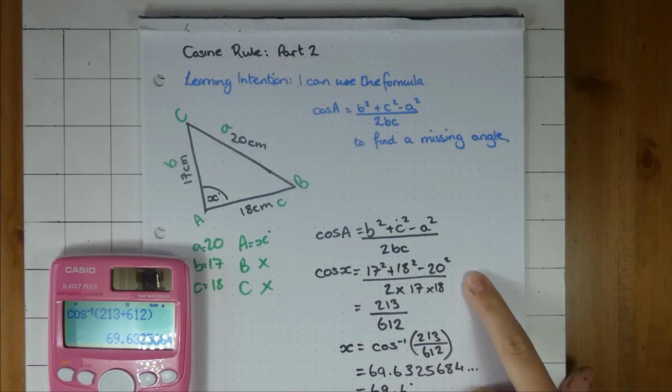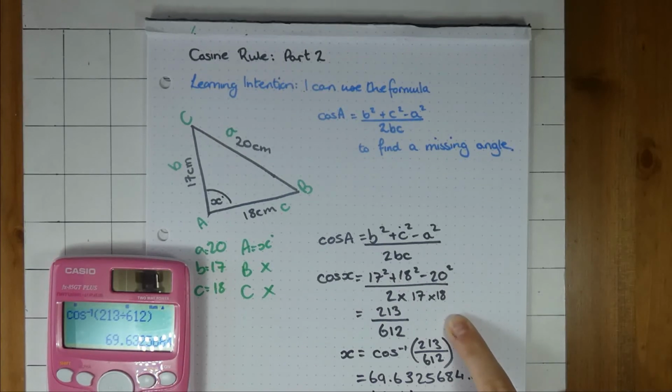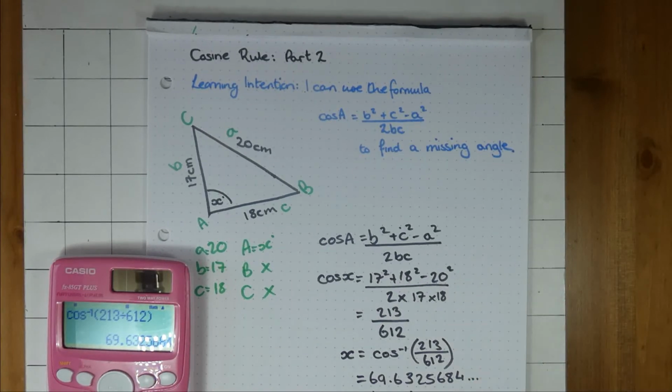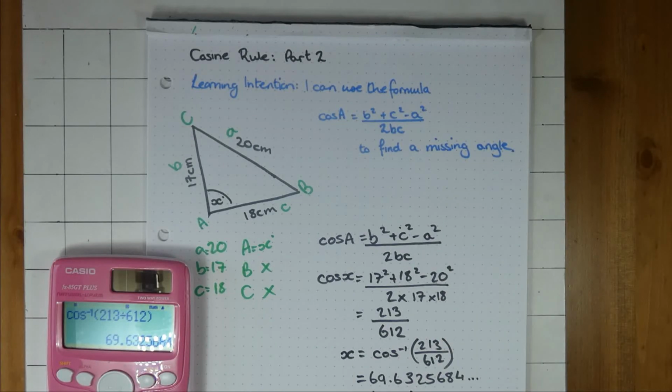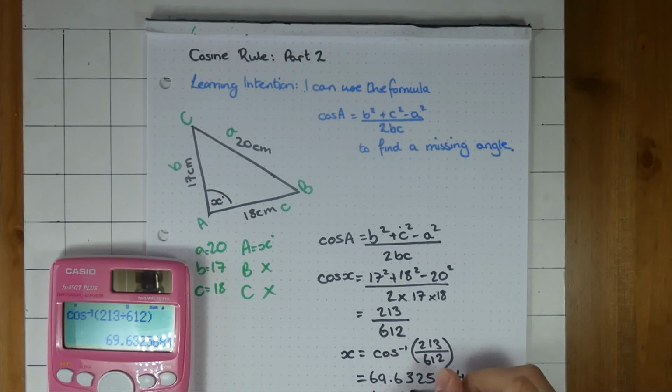Substitute in your information. If you've not got a snazzy calculator that'll do it all in one go, do it one step at a time. It's much safer doing it that way. We've got cos x, we want x, swap it across, put it in the calculator, round. I'm just going to draw attention, remember your degrees, has that little dot there. So that is how we do the cosine rule.